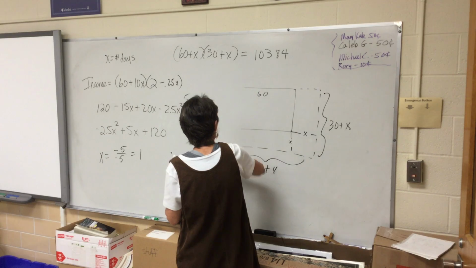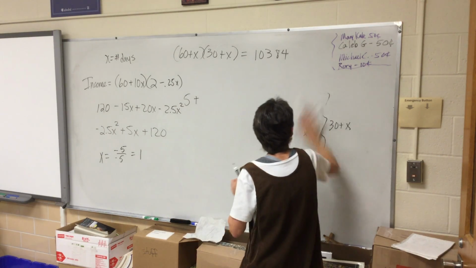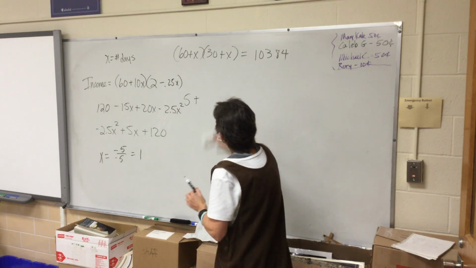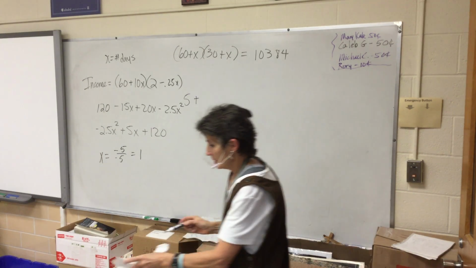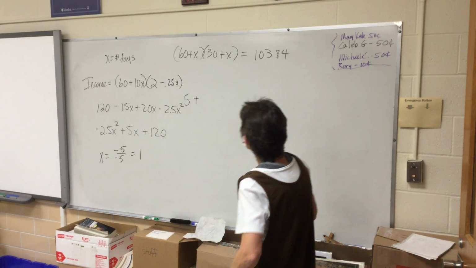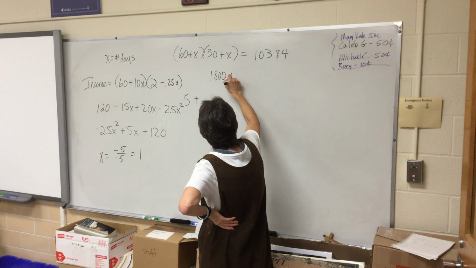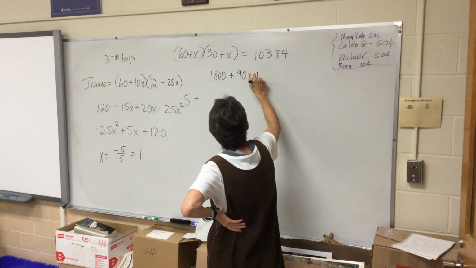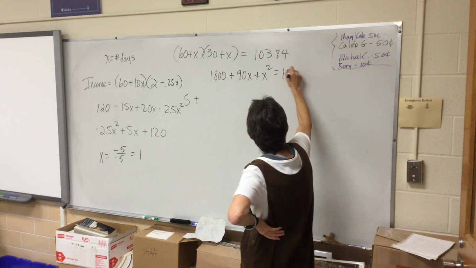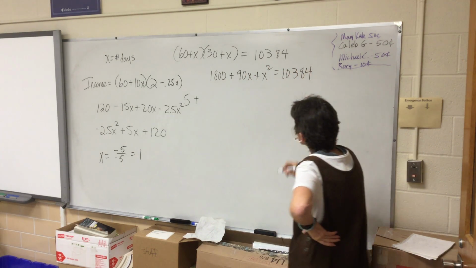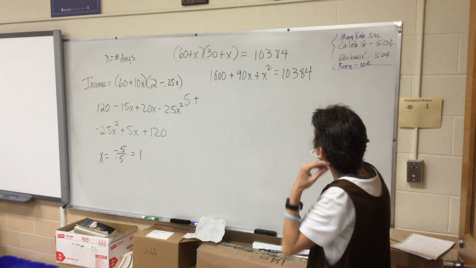Now, oh shoot, I can erase the picture. If I FOIL this out, I'm going to have 1800 plus 90x plus x squared. Make sure that's right.